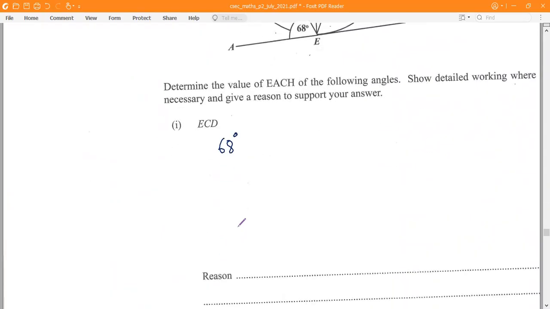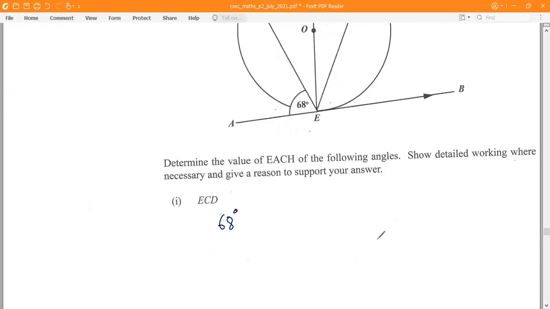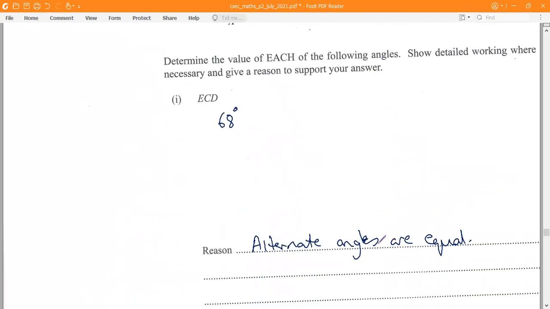We are told we have to give a reason to support our answer. So, alternate angles are equal. Angle AEC and angle ECD are alternate angles.